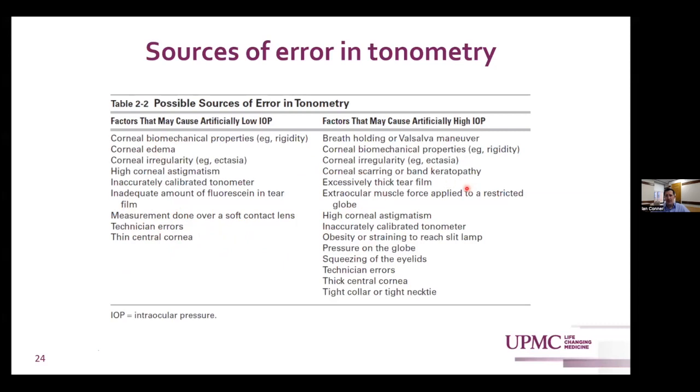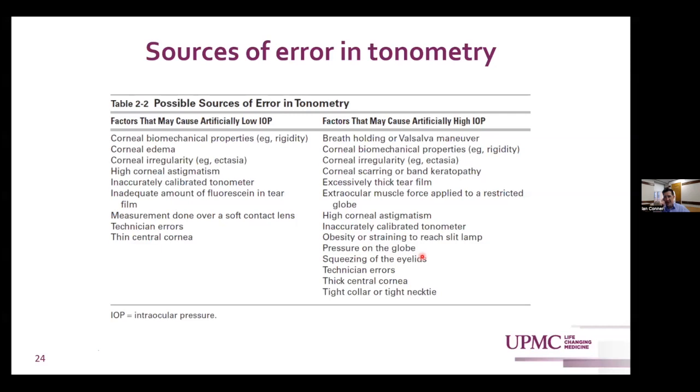And then factors that can artificially raise the IOP if they hold their breath or Valsalva. Nobody wears neckties to their eye appointments anymore. Again, a rigid cornea can result also in a high IOP, cornea irregularity or scarring, thick tear film, extraocular muscle force.